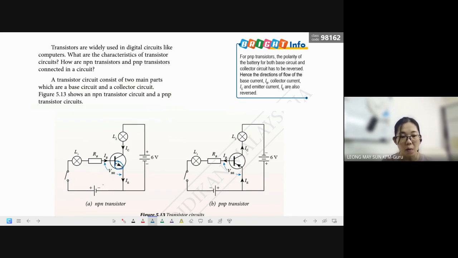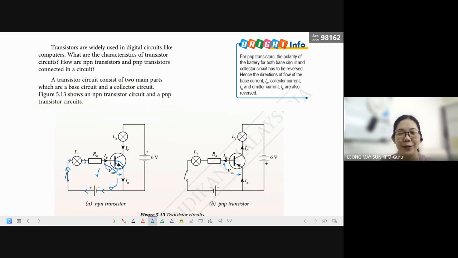Over here, the battery for the base circuit has current flowing from positive towards negative. If the switch is closed, current will flow through a light bulb, resistor R1, passing through the base. If it is allowed to flow, the current is in the same direction as the transistor's arrow. So base current can flow, but whether the collector circuit current can flow or not?